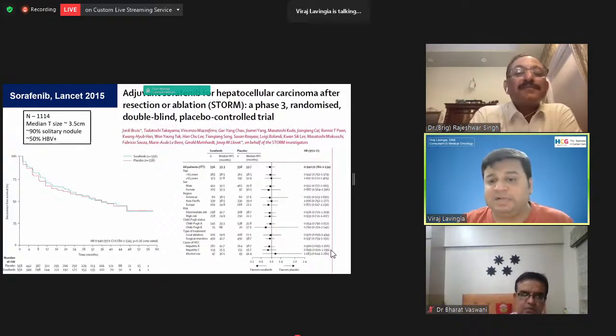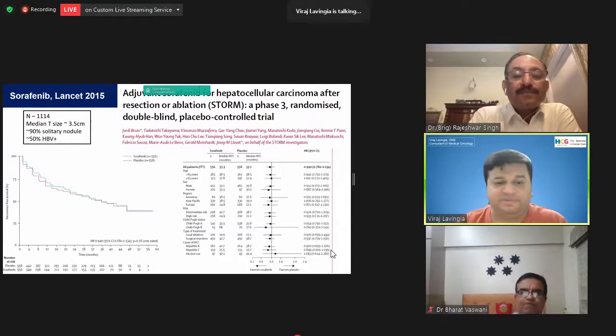One of the largest contemporary trials we have today was with sorafenib. People thought sorafenib would work after liver operation like it works in metastatic disease. And we had the STORM trial, a large 1,000 patient study. 500 of them were given sorafenib and 500 were not. And you could see there was no difference whatsoever in recurrence-free survival.